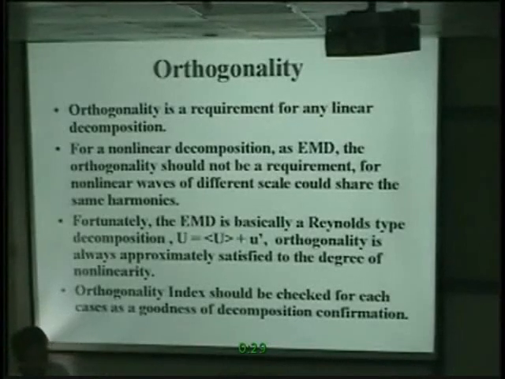If I have a wave of frequency 1 hertz and another of frequency 2 hertz, each has all its harmonics because of the sharp crest. The 1 hertz wave will have 1, 2, 3, 4 hertz and so on; the 2 hertz wave will have 2, 4, 6, 8. So the two waves share certain harmonics. When you make an inner product, all the harmonics go with it, and then it will not be exactly orthogonal.